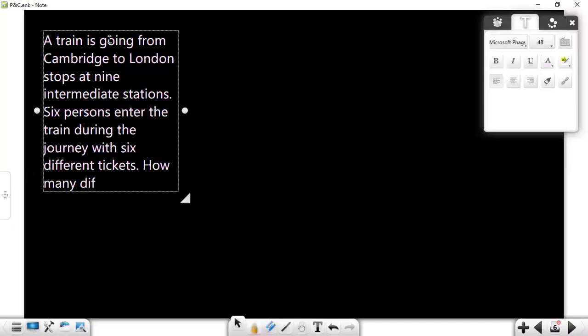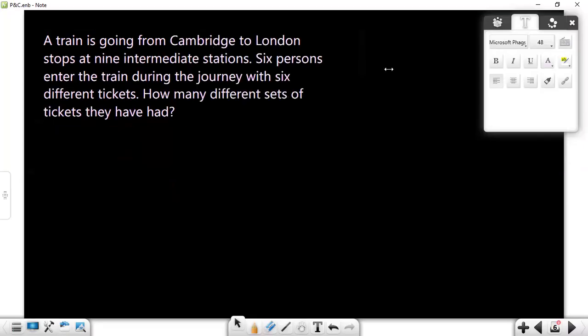How many different ways, sets of tickets, have they had? So this is the question, an interesting one.